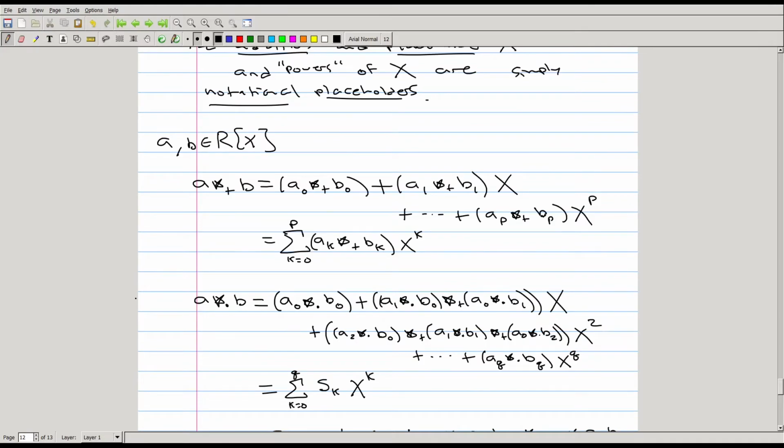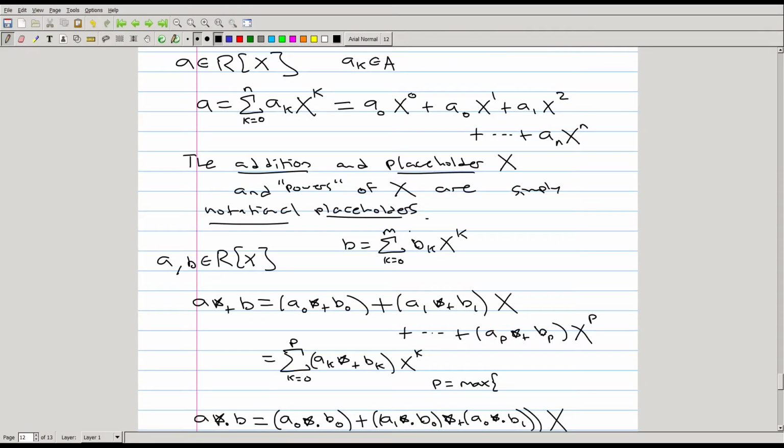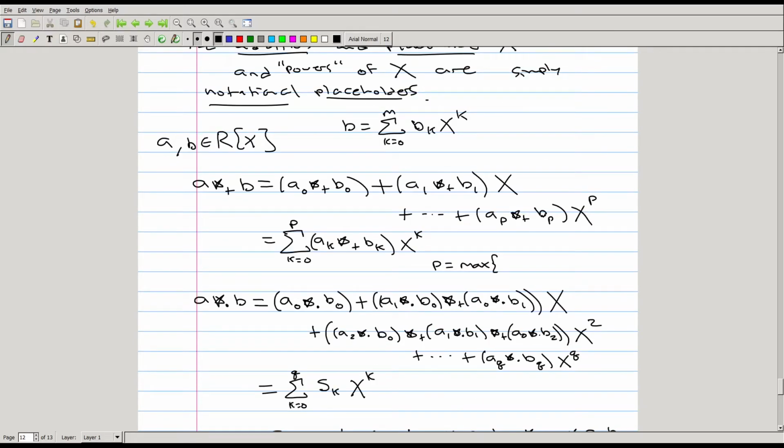So for the ring addition of these two polynomials A and B, if B is a ring polynomial up to some m, then the maximum value in this sum is just going to be the maximum of the degree of A and the degree of B, just the maximum value of m and n.